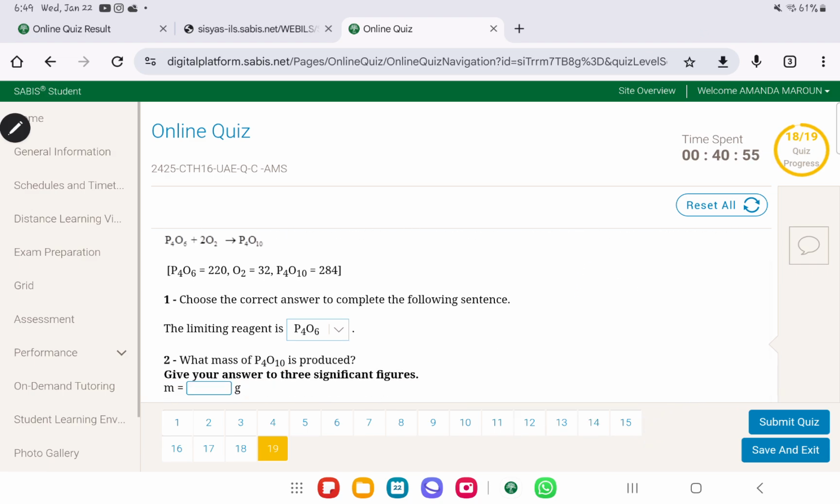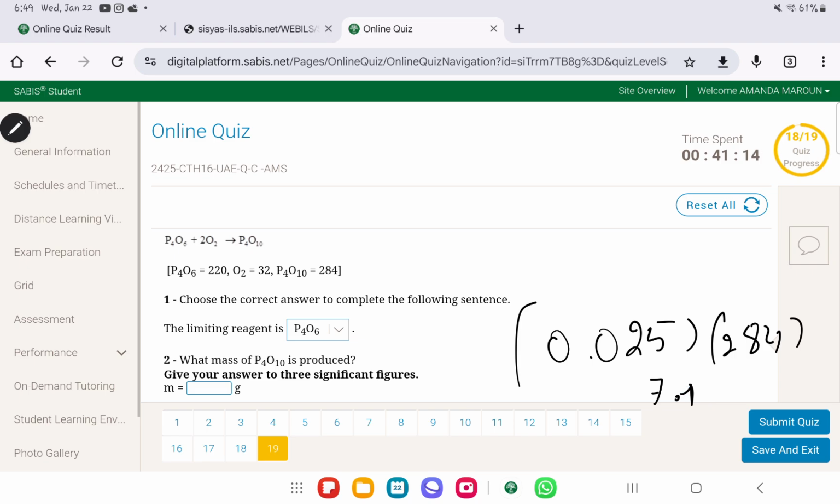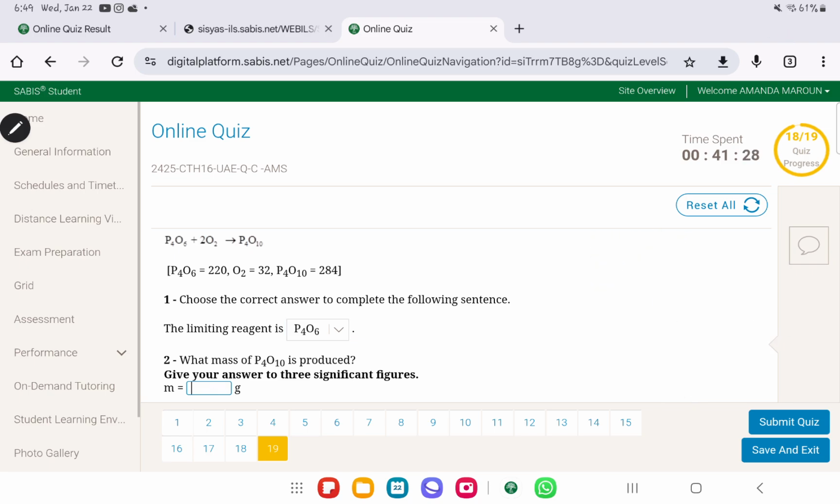So they need the mass, so it is gonna be 0.025 multiplied by the molar mass, which is 284. So if you do it on the calculator, you are gonna get an answer of 7.1, but they needed three significant figures, so 7.10. So our answer over here is 7.10.